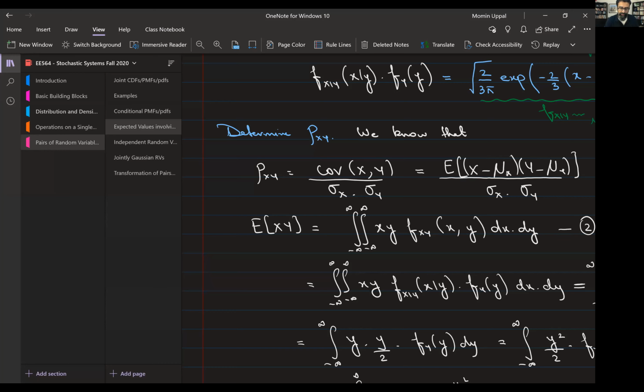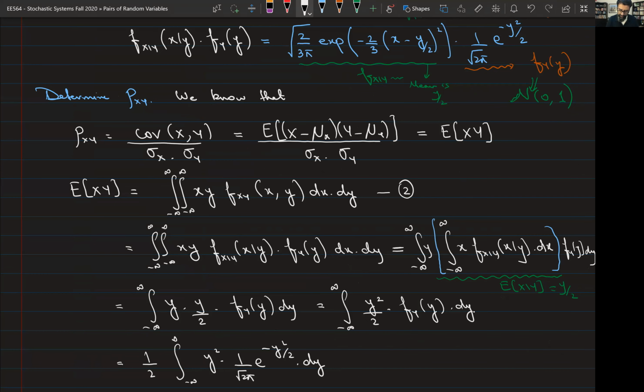All right. So this therefore becomes equal to 1 by 2. And that's your answer. So your correlation coefficient for this particular pair of random variables x and y is half.